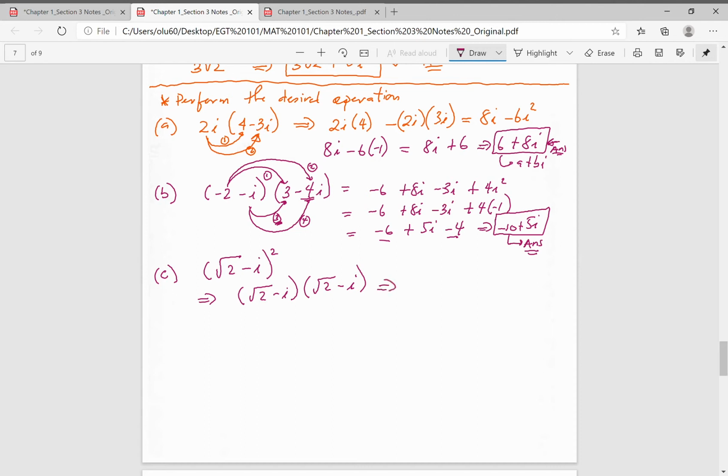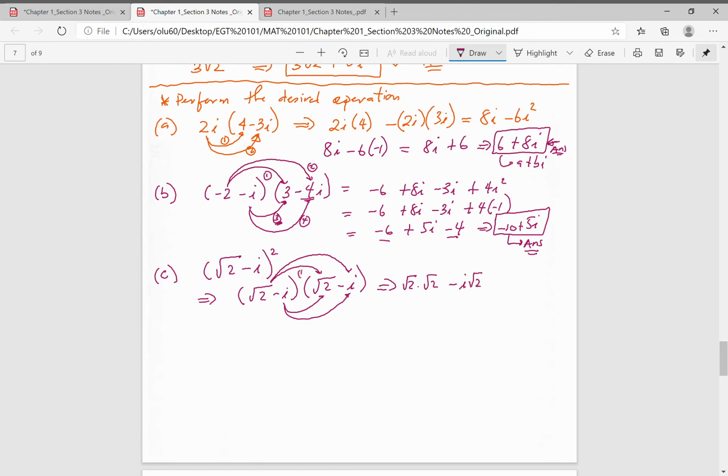And when you do that, again, we're going to do FOIL. Okay, and when we do that, we're going to get root 2 times root 2, right? And that's going to be negative i root 2.